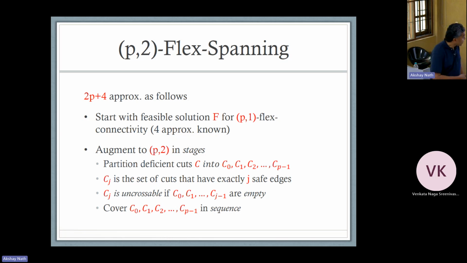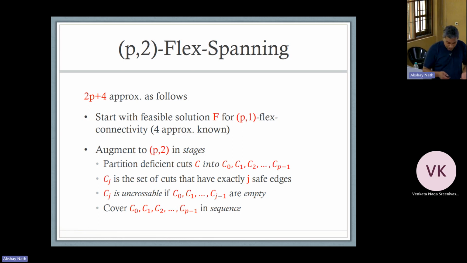And we can prove that Cj is uncrossable if C0, C1, up to Cj minus 1 are empty. So provided that we don't have any cuts in C0 up to Cj minus 1, Cj is uncrossable.